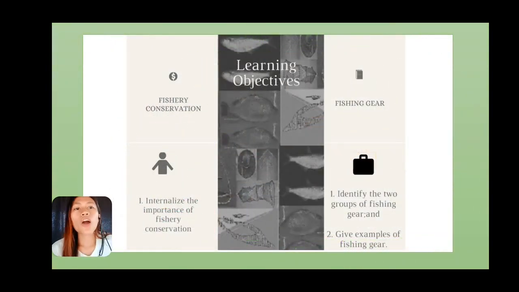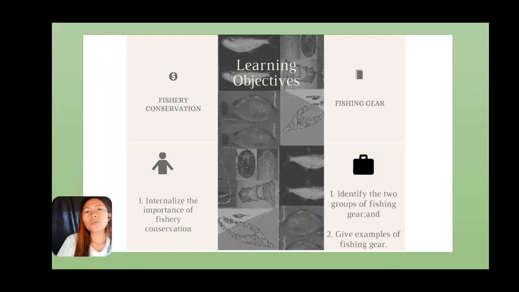Next, our learning objectives for today. We have the first topic, the fishery conservation, in which at the end of the topic, we will be able to internalize the importance of fishery conservation. So first, what exactly is fishery conservation? Fishery conservation comes from the word fish. I know everybody knows fish.